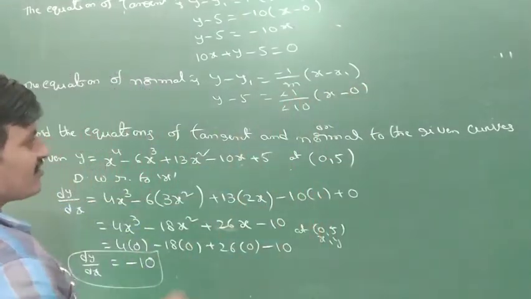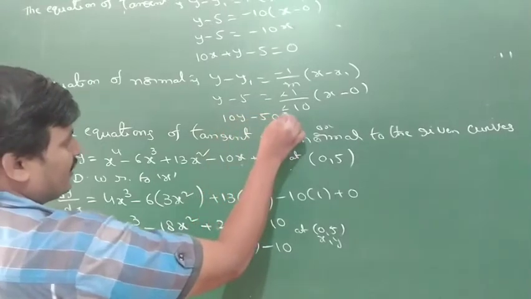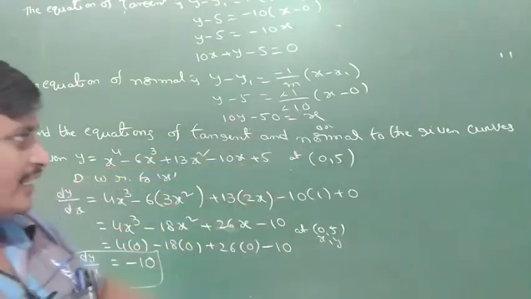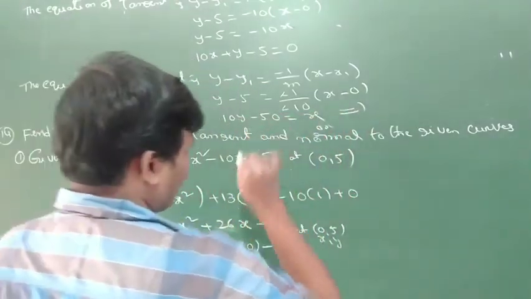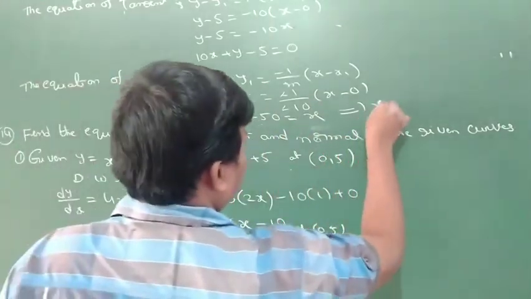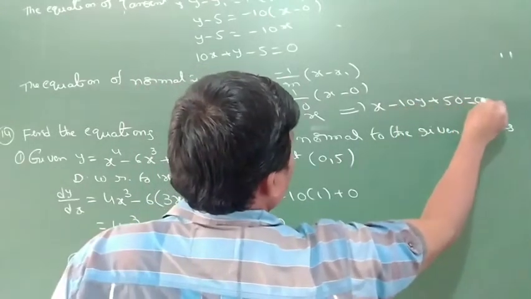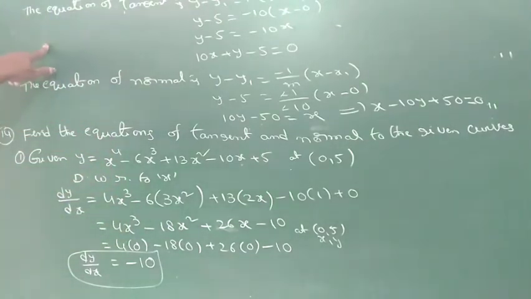Minus minus cancel, multiply by 10: 10y minus 50 is equal to x. Converting, x minus 10y plus 50 is equal to 0. This is the tangent equation, this is the normal.